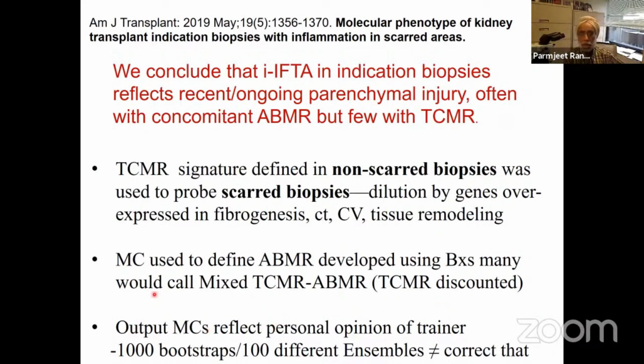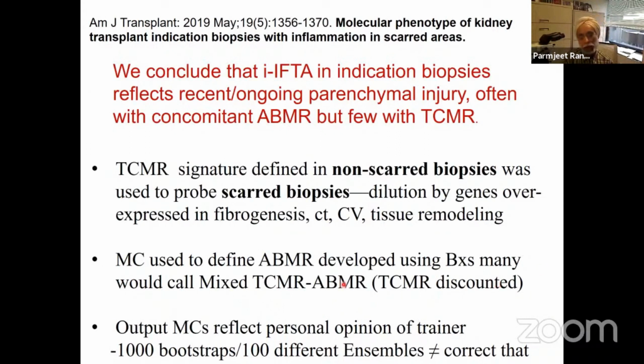And also the molecular classifiers used to define ABMR was developed using biopsies which many of us would call mixed TCMR and ABMR because they have inflammation and tubulitis. So there was a significant discounting of TCMR in that classifier. And that's why they claim to see mixed rejection in only 5% of cases, whereas 70% of the ABMRs we see in Pittsburgh, we think they're mixed.